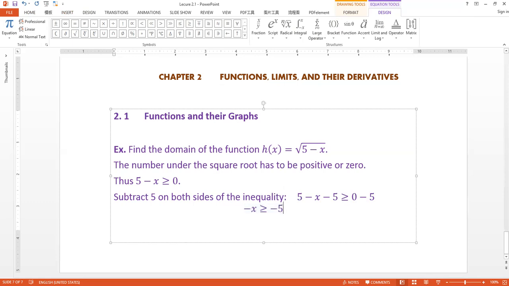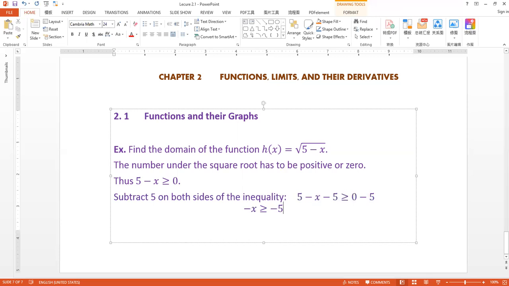So this is almost the solution. Then we need to multiply both sides by negative 1. Okay, so then what do we get?